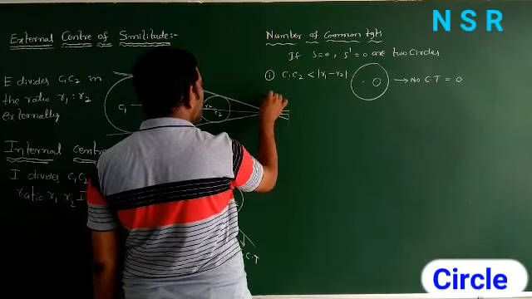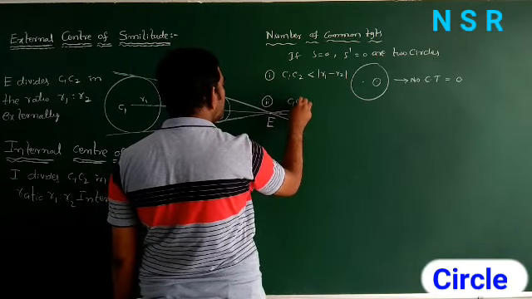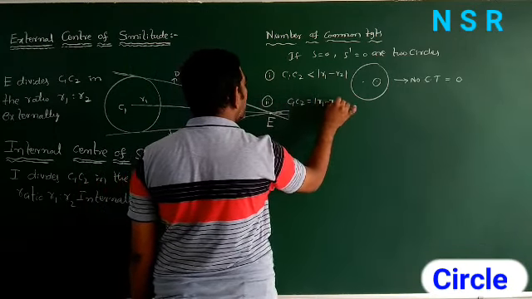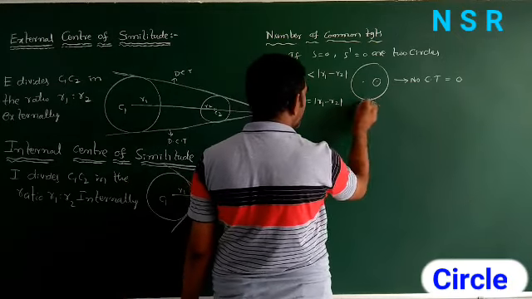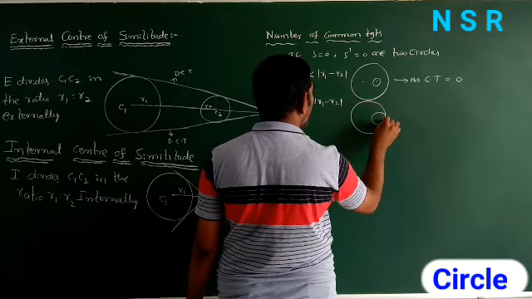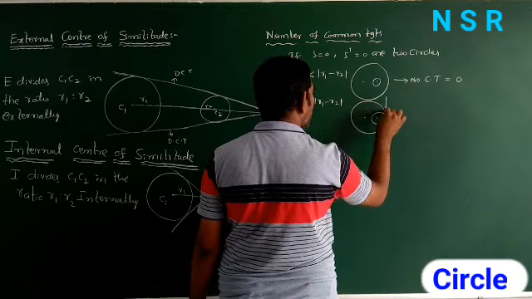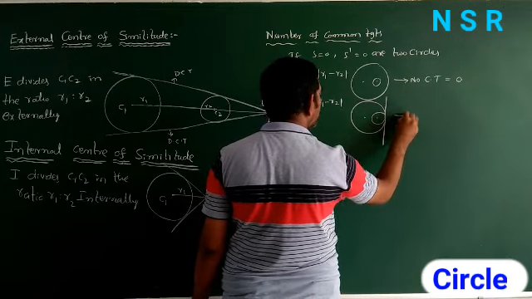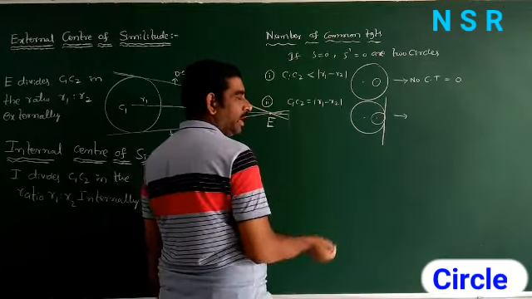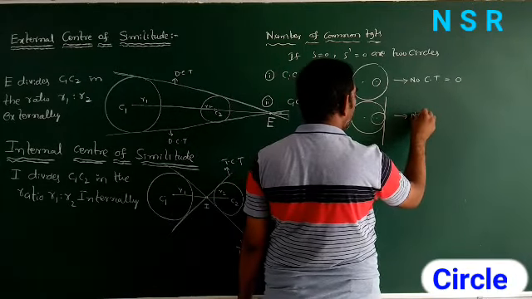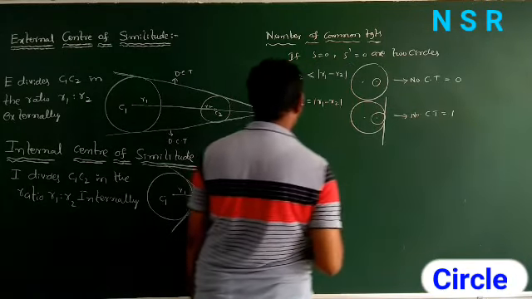Next, the second property is C1 C2 equal to mod R1 minus R2. Now the two circles touch at one point internally. Now we have one common tangent, that is a direct common tangent. So the number of common tangents equals 1.